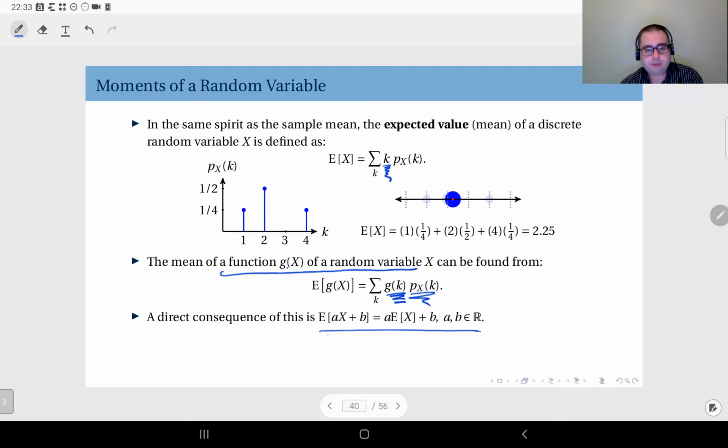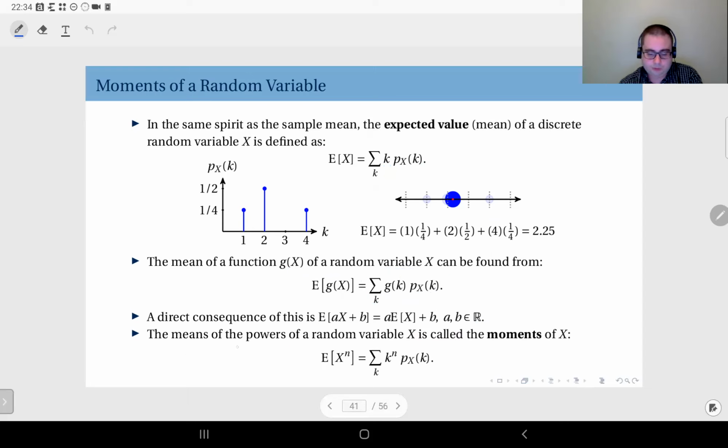If you have a random variable x and apply a linear function to that in the form of ax plus b, where a and b are real numbers, what you get is equal to a times the expected value of x plus b. It's not that difficult to show this using the properties of addition. Essentially, that's what makes expectation linear, because its definition is in terms of sums.